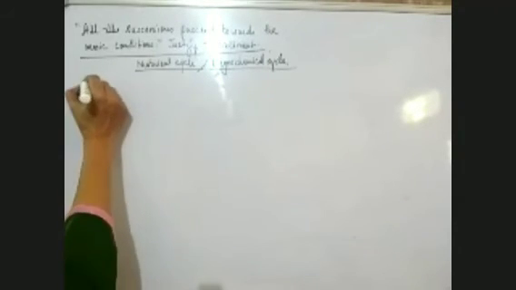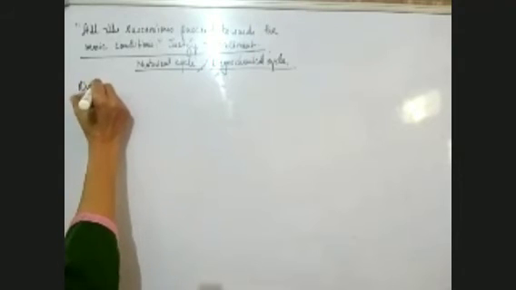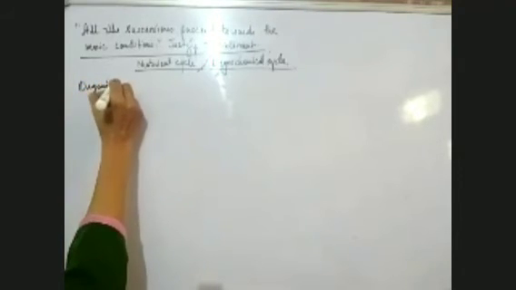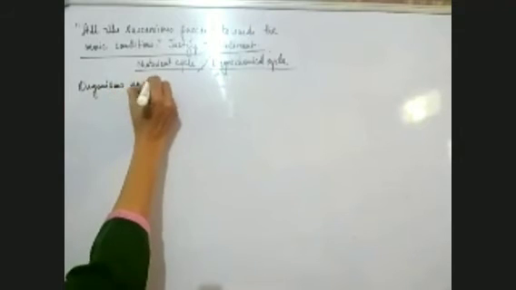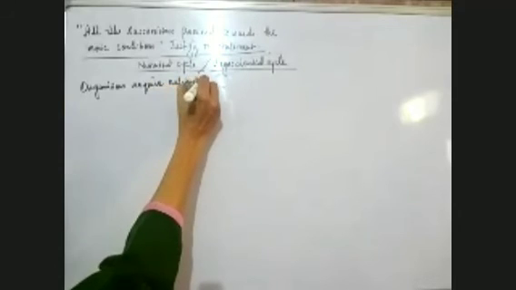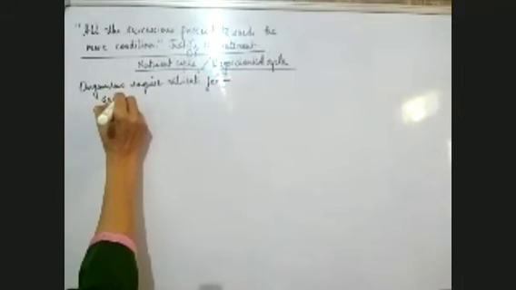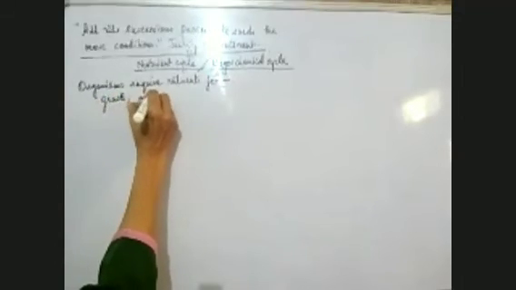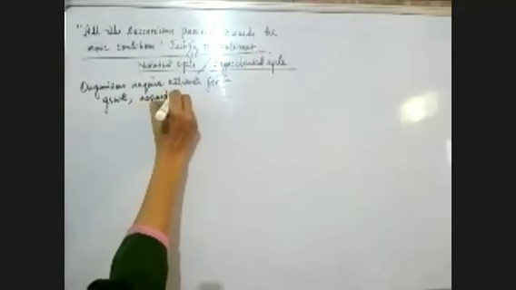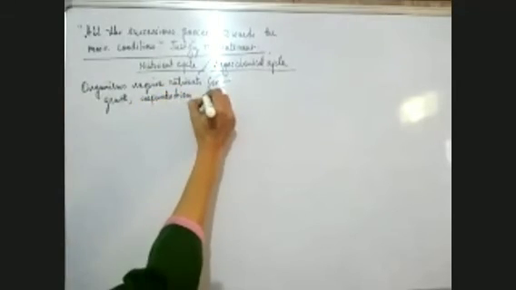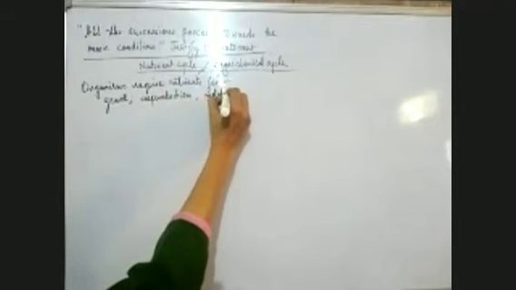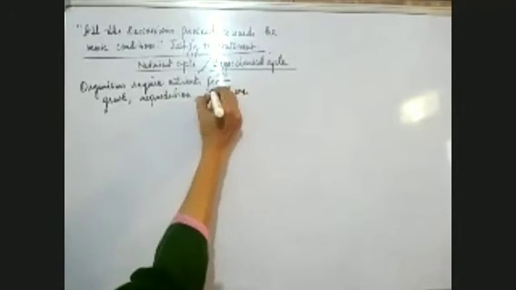Now, why are these nutrients required by the organisms? Organisms, whether plants, animals, or other organisms, require nutrients for growth, reproduction, and one more thing for which they require is metabolism, or all the biochemical reactions which take place in the body.